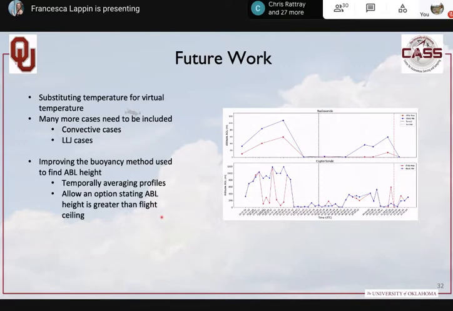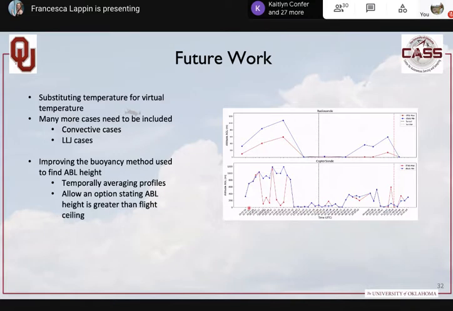Also improving the buoyancy method to determine the ABL height. There are many things we can do to make it a little bit smoother or cleaner, but mostly giving an option to where if we don't fly past the boundary layer top, we don't get an erroneous value that it's just picking up because it satisfies the conditions.